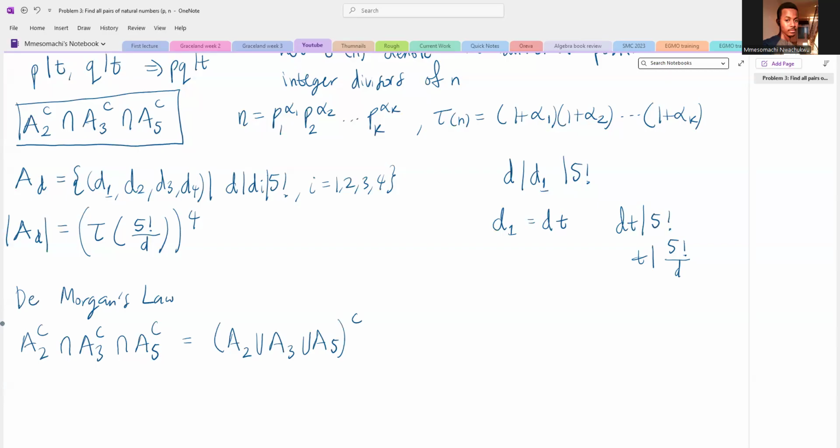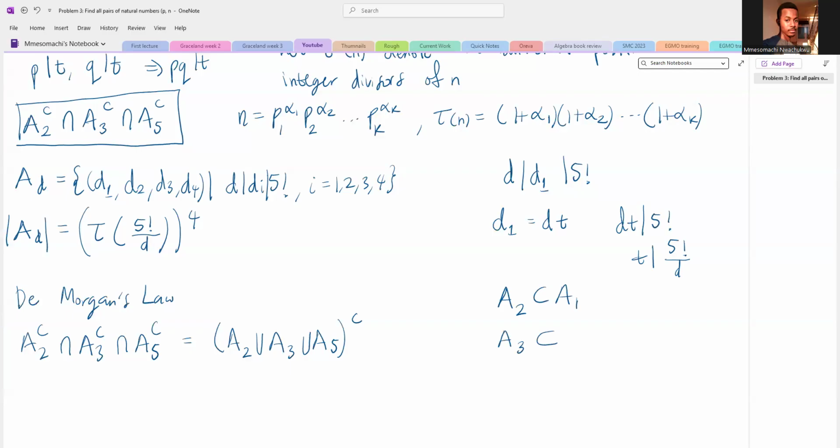So that's nice. Now, for us to look at this complement, we want to think about what the universal set could be. The universal set is going to be A1. Why? Because 1 divides basically every number. 1 divides the GCD.